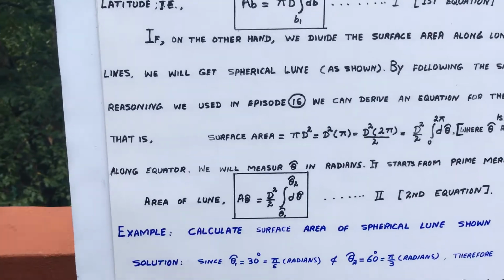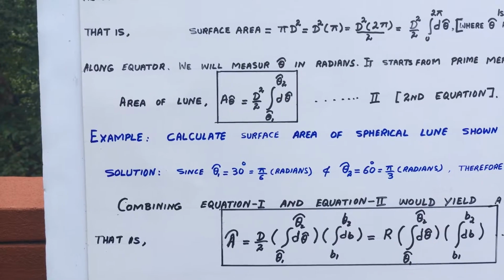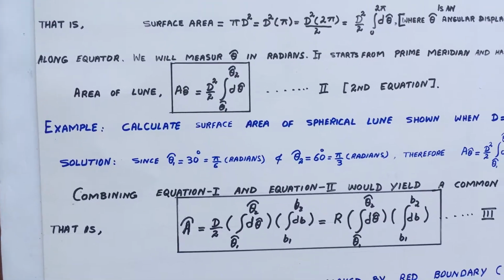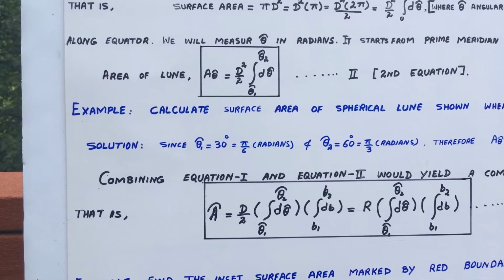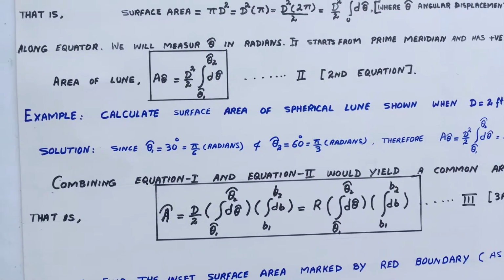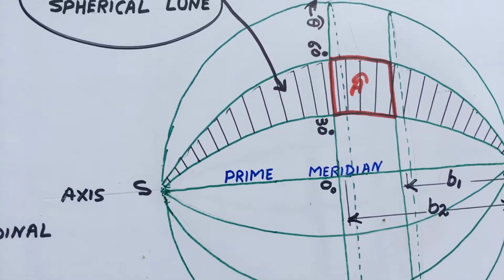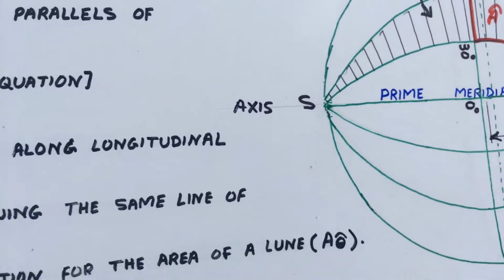So it's just very simple. We have θ₁ is 30 degree and we will take it in radians, and θ₂ is 60 degree.